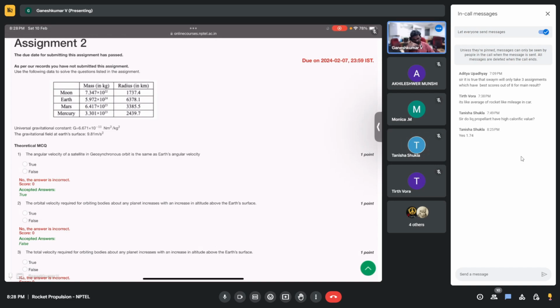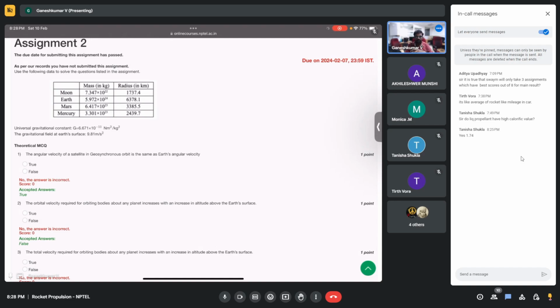I see. Hmm. What you do is you send an email, okay? For me also it's showing false. I don't know why it is showing true for you. Maybe some problem with the system. They will change that.